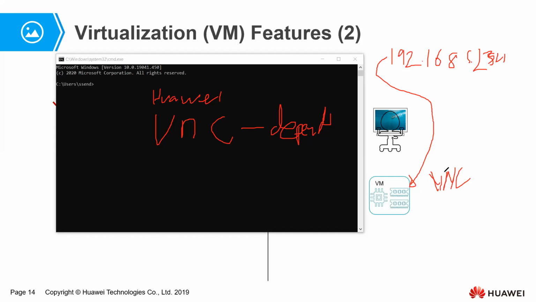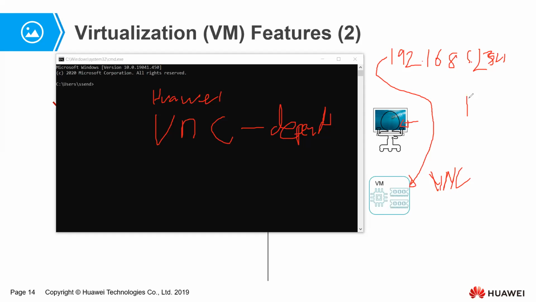So I repeat: one, it is network dependent. Two, if you want to log into that console, you don't need to configure an IP address for the virtual machine. All you need is to know the IP address of the host where that virtual machine is stored, and then you are good to go.